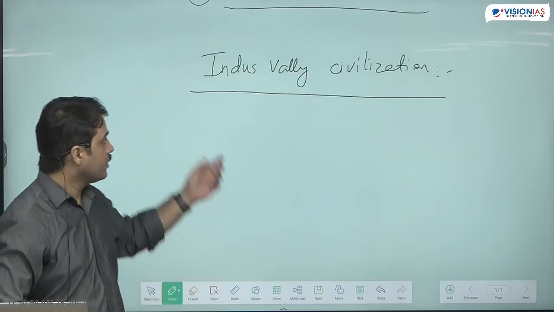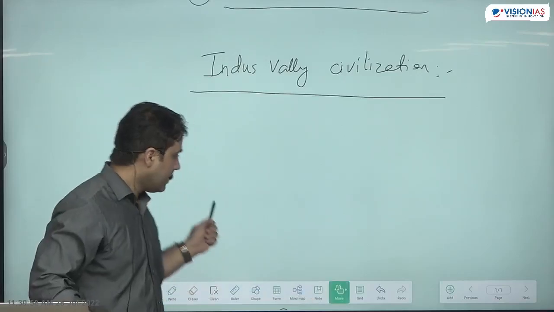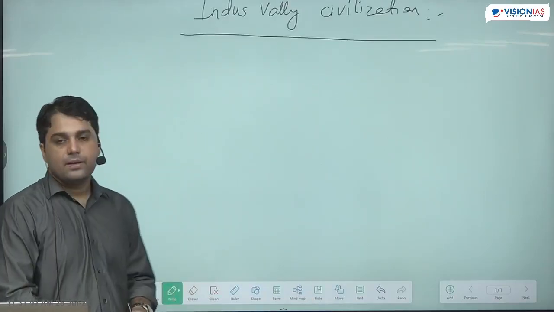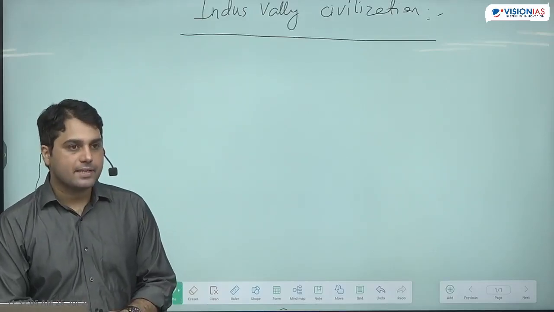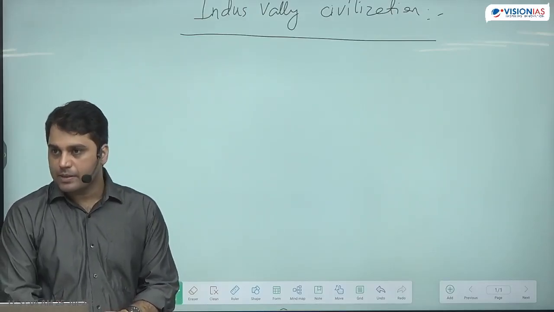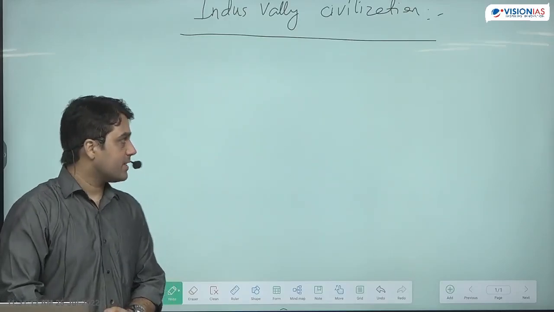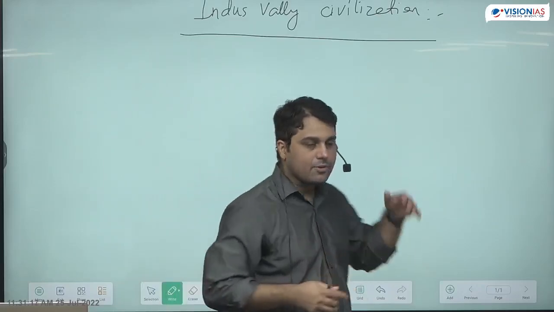And we use the word Indus Valley civilization. There is a reason for it, because even though we have not been able to decipher the script of the Indus Valley civilization, the archaeological findings are more than enough to tell you that this was a well-developed civilization. So the Indus Valley civilization, again, is about maintaining continuity.